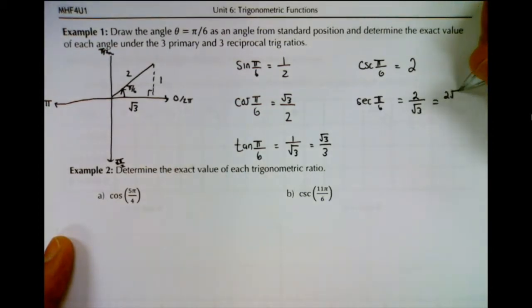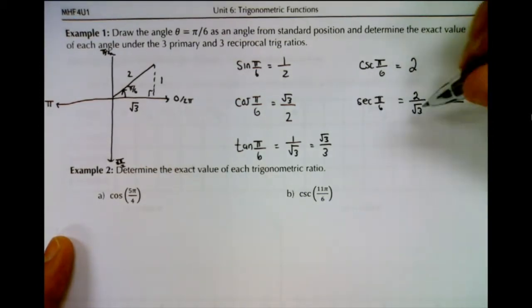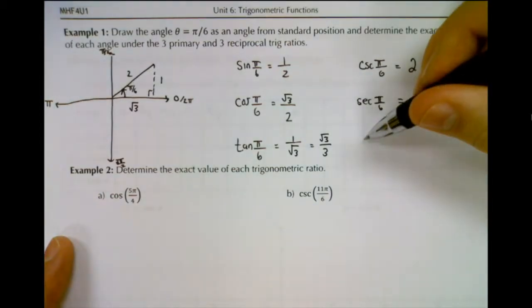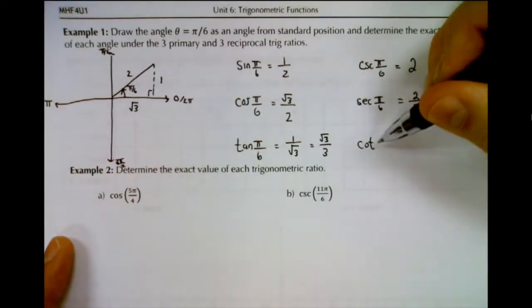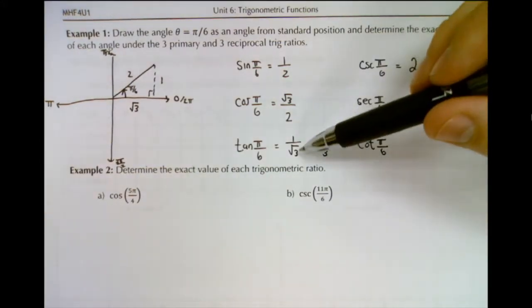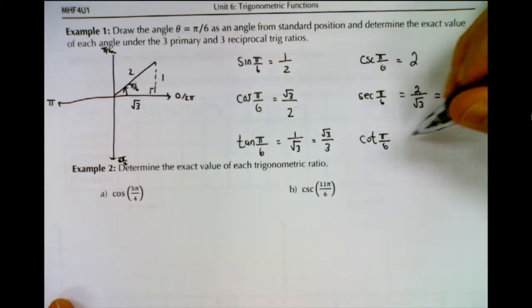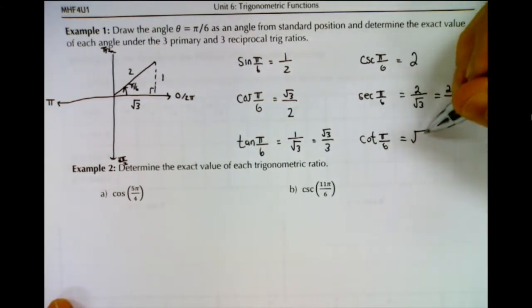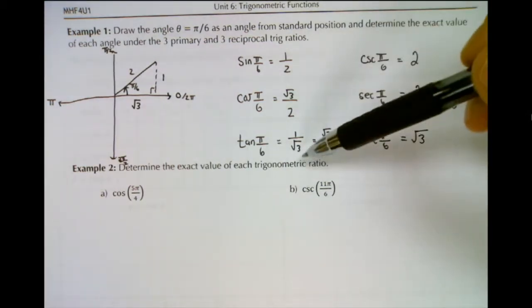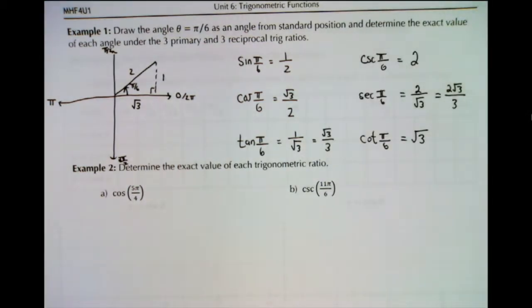We get 2 root 3 over 3, because root 3 times root 3 is just 3. And our last one is cotan, which is the reciprocal of tan. So that means flip tan. If you flip the original one, you just get root 3 over 1, which is something we don't have to rationalize after, so I'm just going to do that, and we get root 3. So here's your 3 primary ratios and your reciprocal ratios.